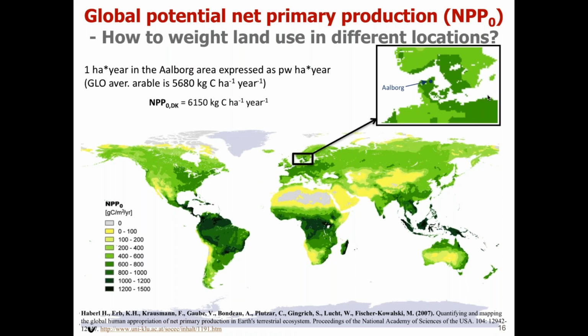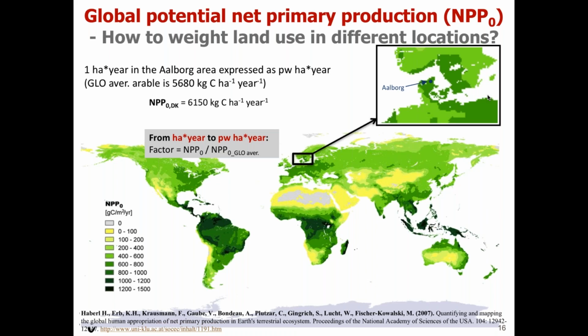I am in the northern part of Denmark, a city called Aalborg. That's where we have our head office. So what I need to know now is the potential net primary production in the area where I am compared to the global average for the arable market segment. To calculate that, we are using this formula in the gray box here: the potential net primary production in the Aalborg area divided by the global one.